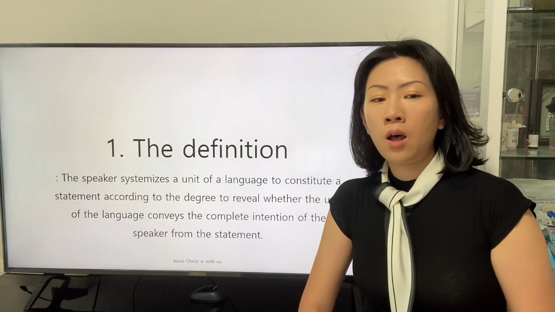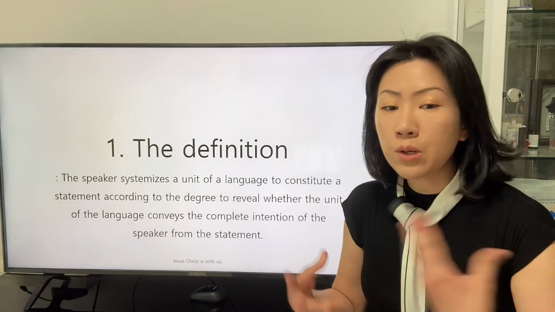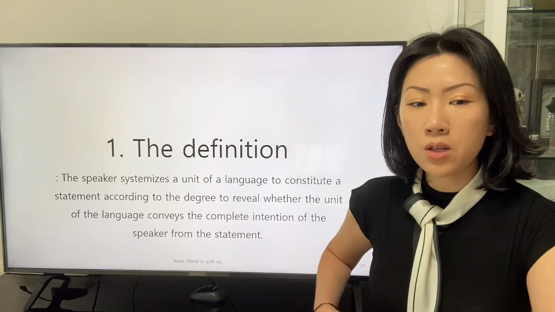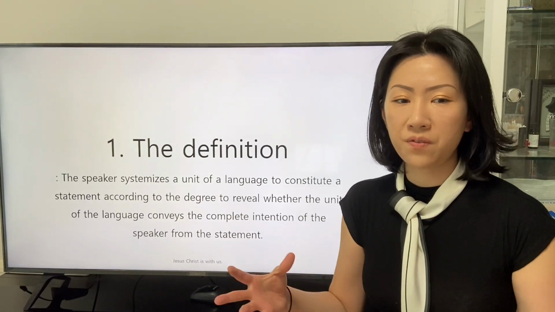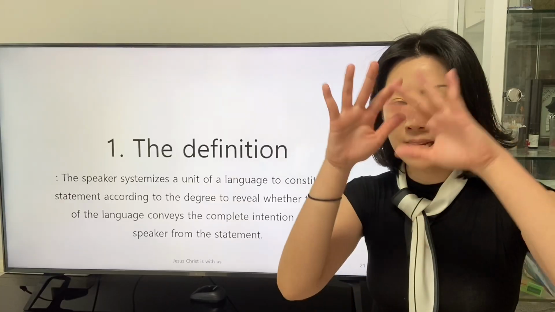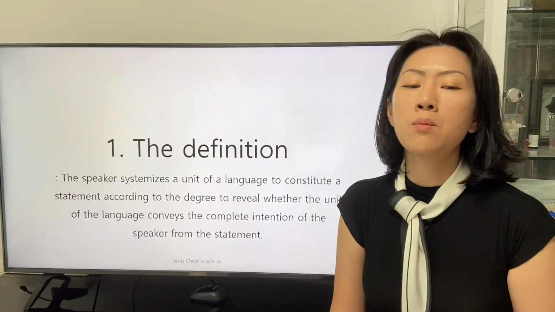The speaker systemizes a unit of a language to constitute a statement according to the degree to reveal whether the unit of the language conveys the complete intention of the speaker from the statement.